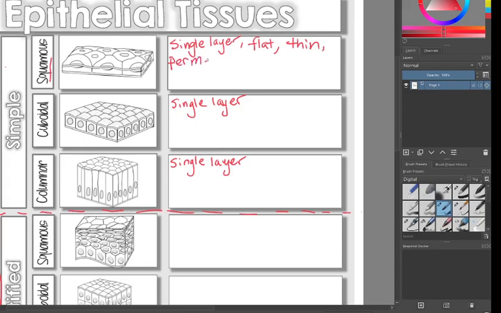So there's that word we talked about a couple of days ago, permeable, meaning it goes in and out of things, or that it can go in and out of certain things. So if you don't remember what that is, draw a little arrow and write what it means.